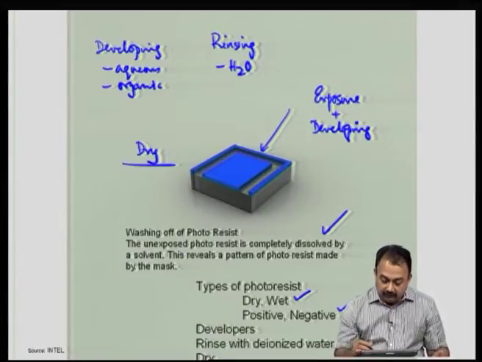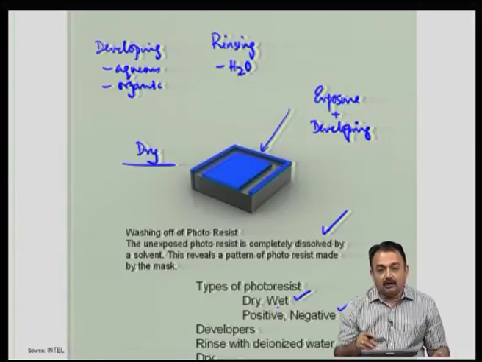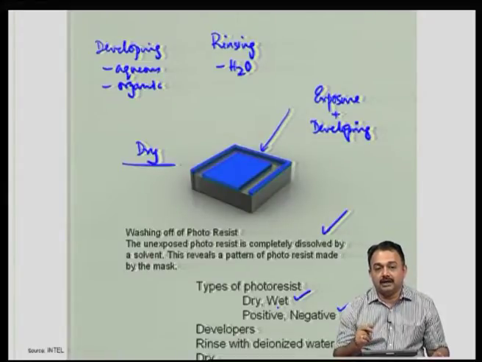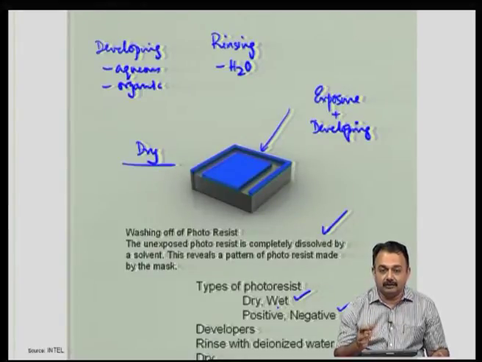Okay. Therefore, we will talk about what kind of mask you will have to use when you use a positive photoresist and what type of a mask you will have to use when you use a negative photoresist. The mask is not identical for each of the resists, because the developing process is dissimilar.